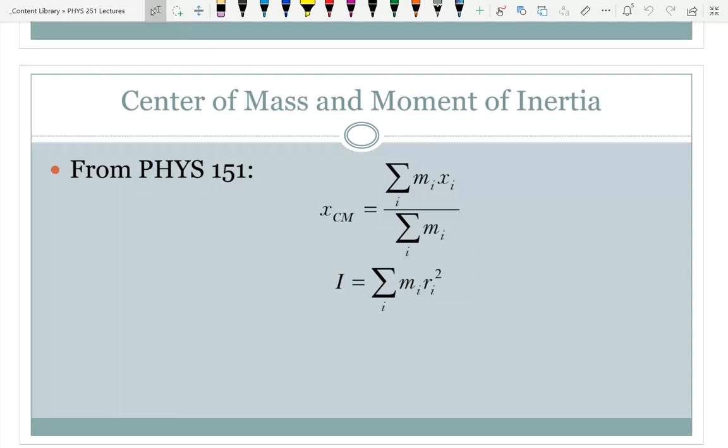Then I say, okay, this mass, 5 kilograms, times its position, 0, plus this mass, 5 kilograms, times its position, let's say 10 centimeters away. So I have 5 times 0 plus 5 times 10, then divide by the total mass, which is 5 plus 5, 10. And I would end up with 5 centimeters. And that's what the center of mass is.